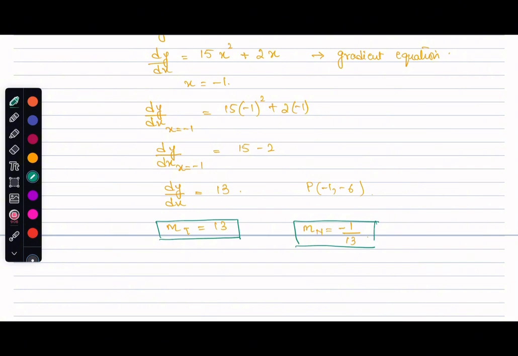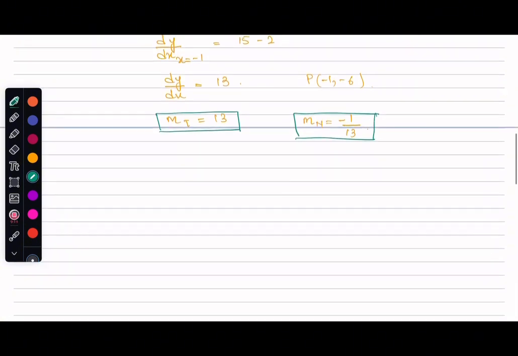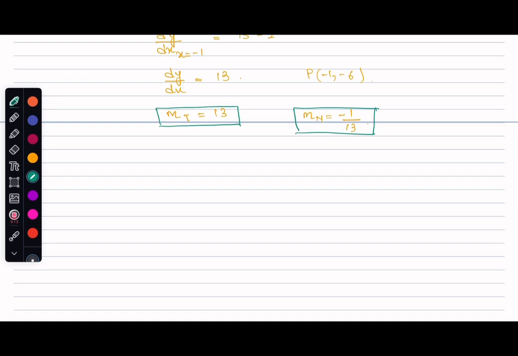So to make the equation of the tangent and the normal from coordinate geometry, we know that the equation of a straight line, and in this case it's the equation of the tangent, which is a straight line, should be y minus y1 equals the gradient of the tangent times x minus x1.